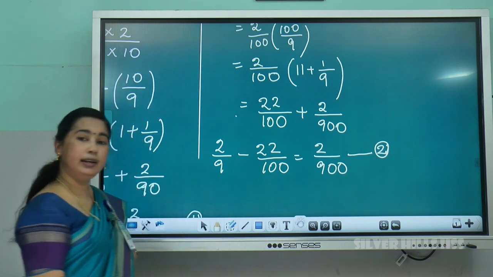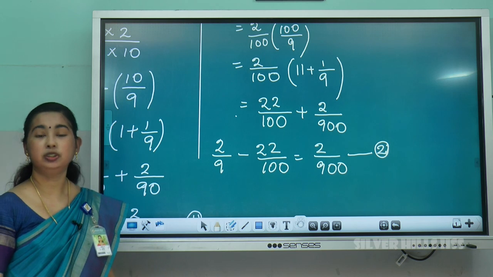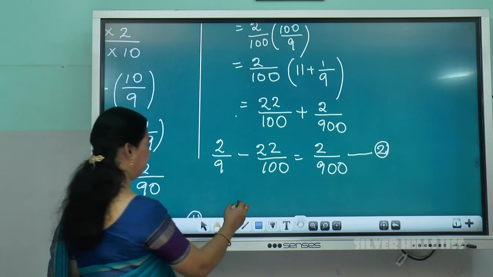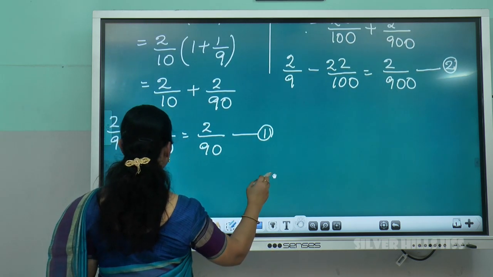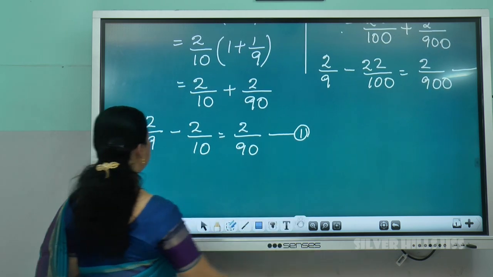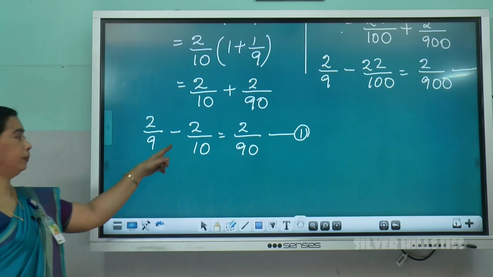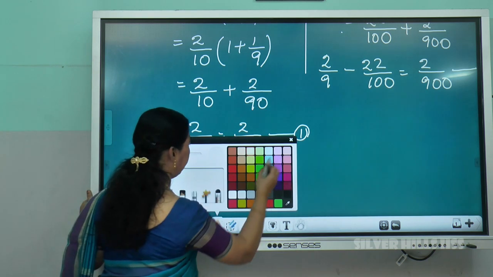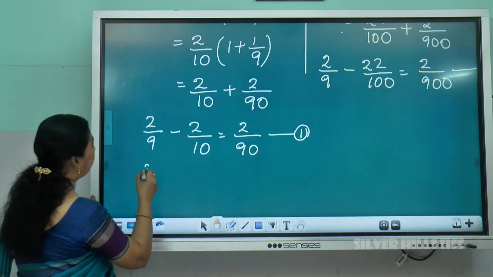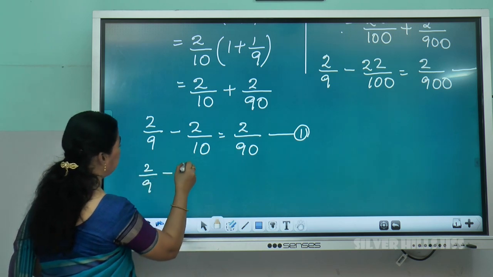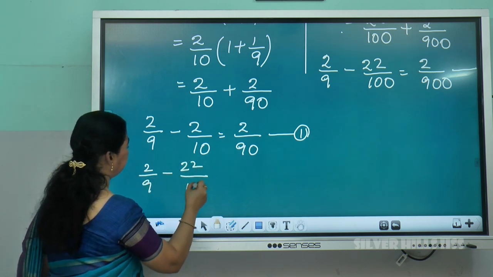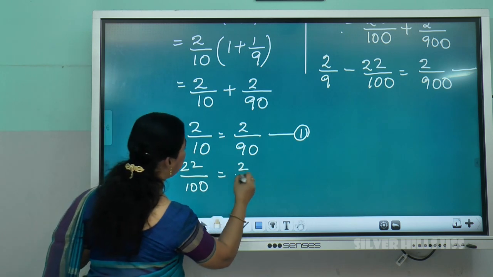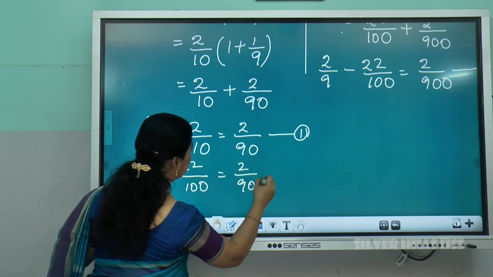So, we will write all these equations together and see what happens. The first equation is 2 by 9 minus 2 by 10 is equal to 2 by 90. Then the second equation, 2 by 9 minus 22 by 100 is equal to 2 by 900.